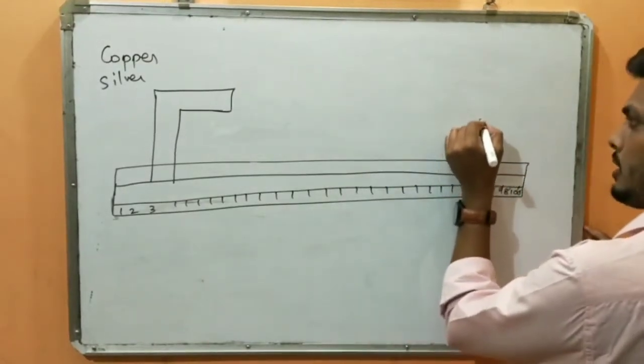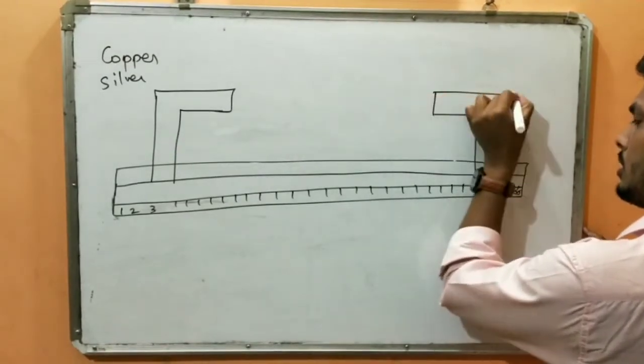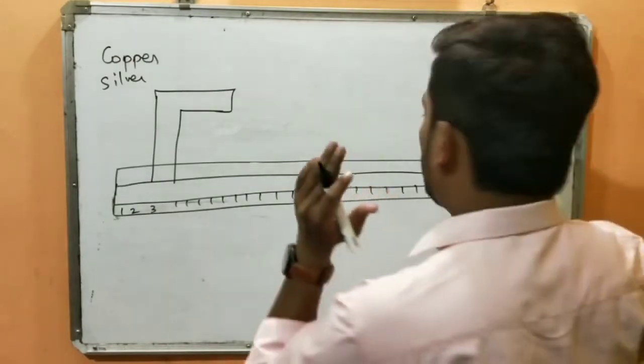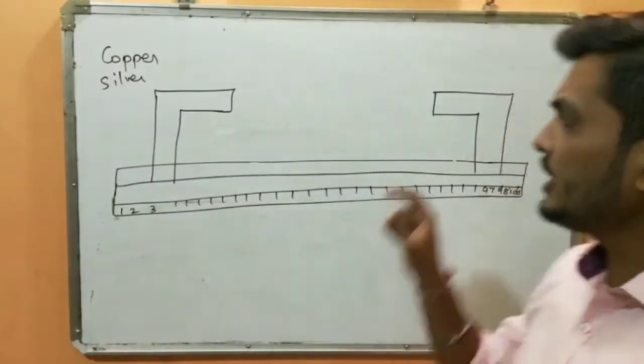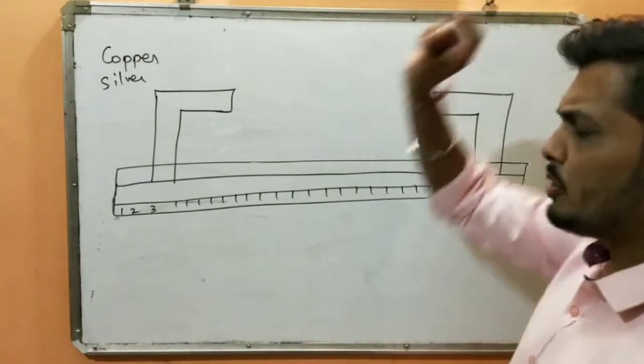One I will connect from here. I hope it is synchronizing. Fine. So I have taken two L-shaped metallic plates. Basically, it would be copper or it could be silver also.